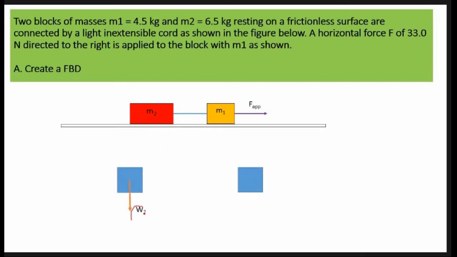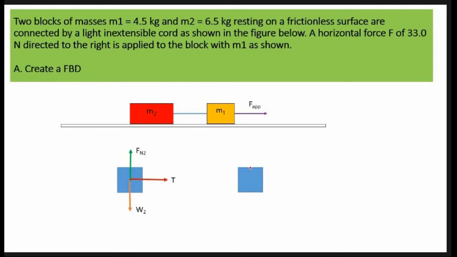It has a weight going downward, and there must be something that would counteract this weight so that it won't fall down. So it has a normal force because it's in contact with a surface. Notice that there is an inextensible cord here, and this cord provides a tension force.